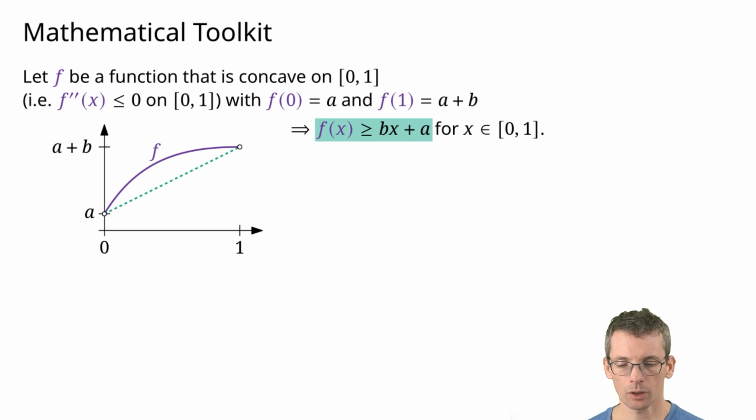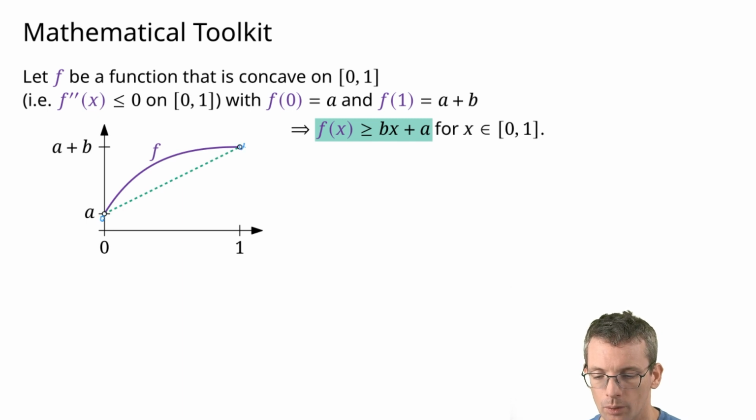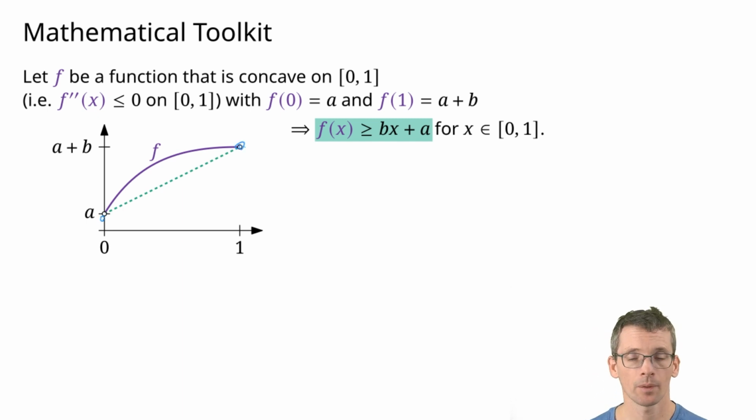The interpretation here is that f stays above the line between the two endpoints that I picked.